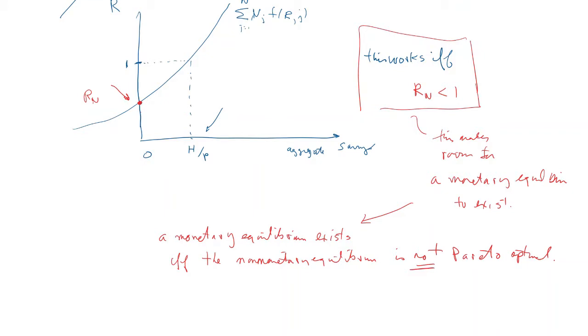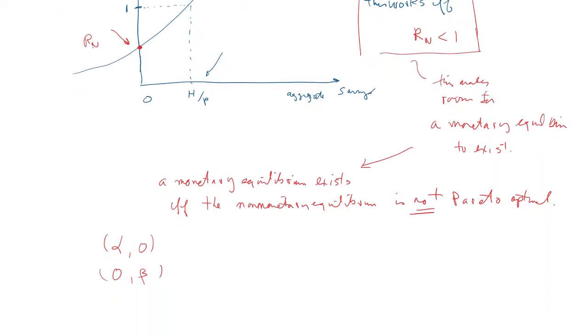So let's do an example, our little example with two types of people, with savers who are endowed alpha, 0 and borrowers who are endowed 0, beta. And before we calculated the saving function. These are fun to play with because they're very easy to get your hands on the saving function.